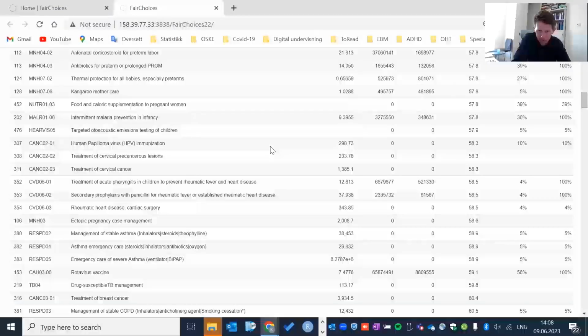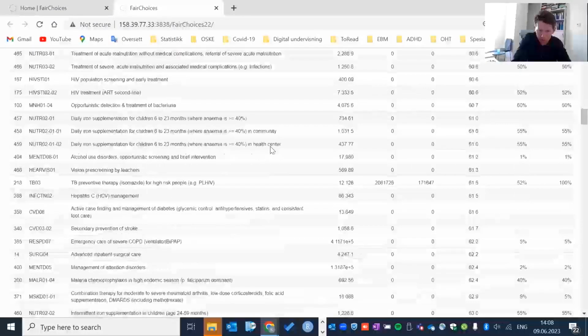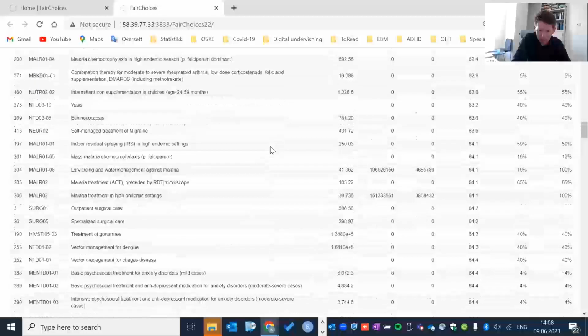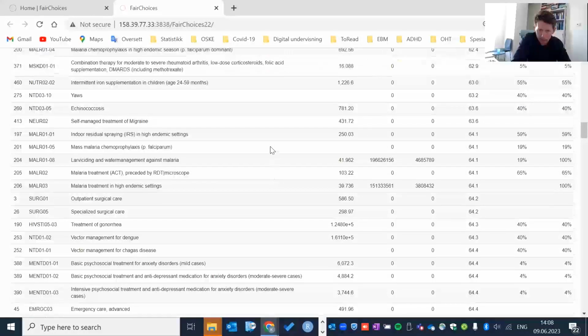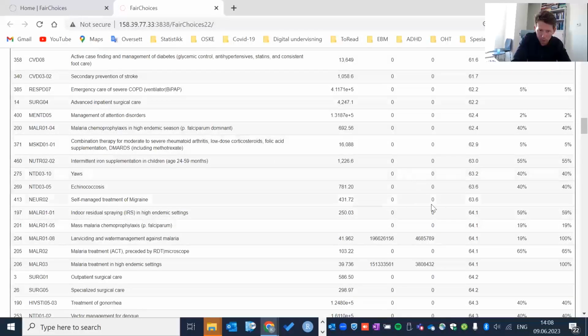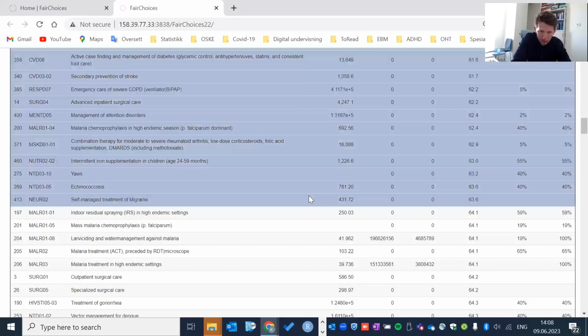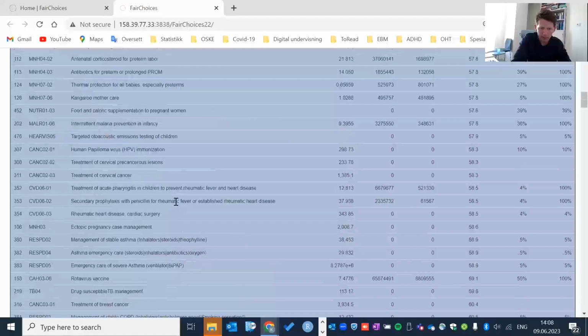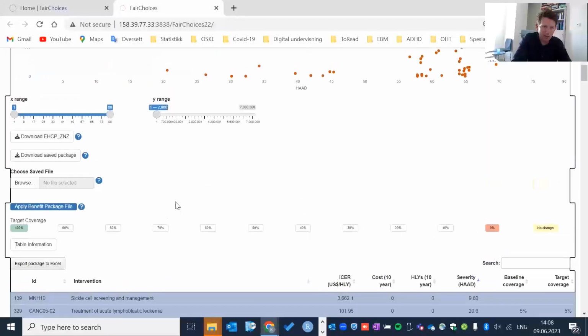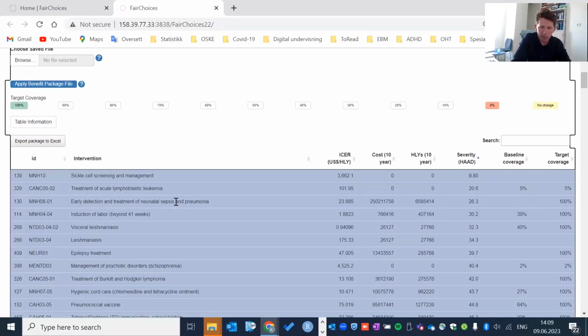So we could maybe set a severity threshold at around 60, maybe we can set it to 64 here, and we include, that means self-management treatment of migraine is the last intervention that will be given priority because these interventions affect conditions with a health adjusted age at death less than 64.